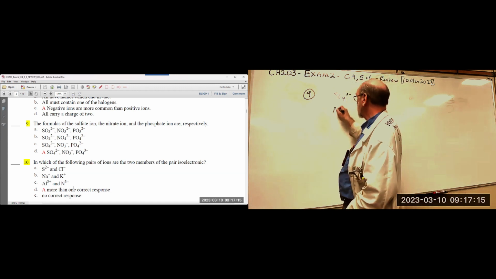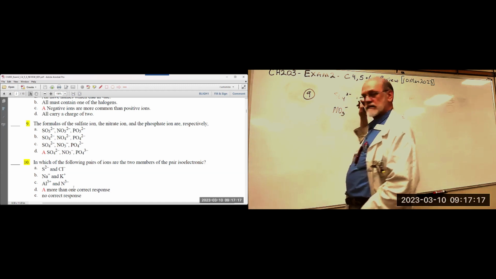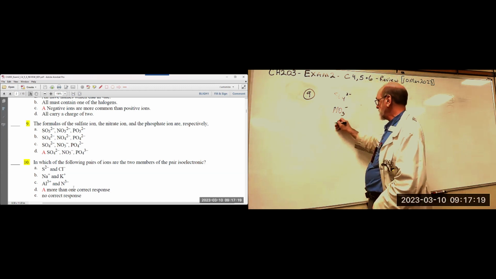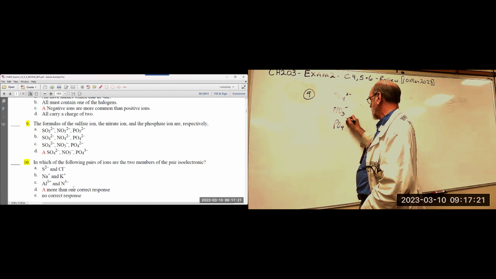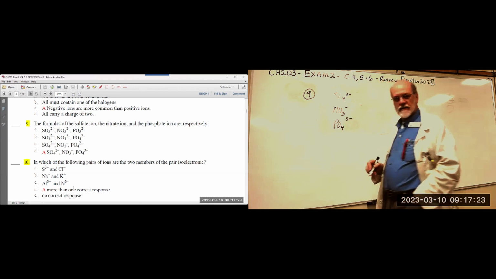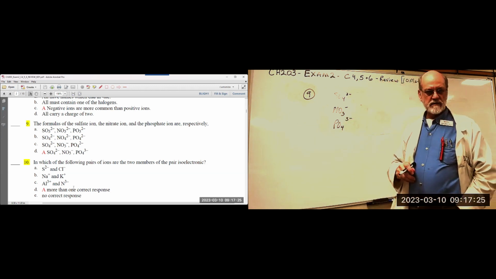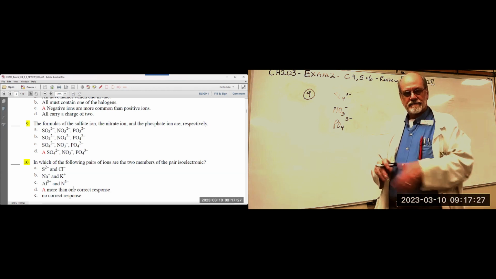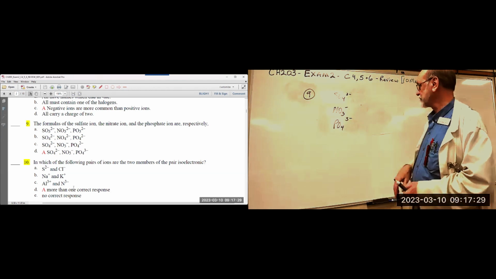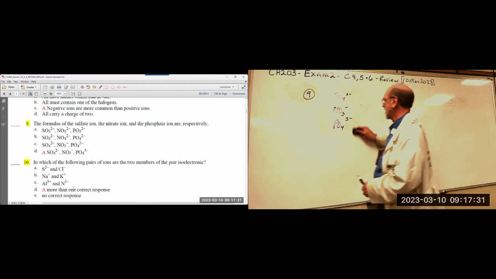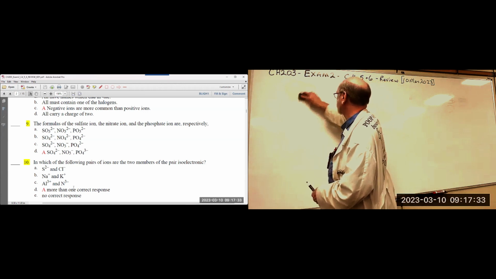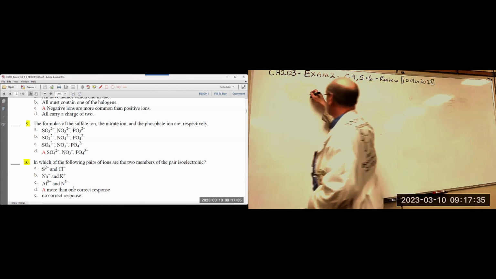Nitrate is NO3-. And phosphate is PO4 3-. So that would be D. And that's number 10.